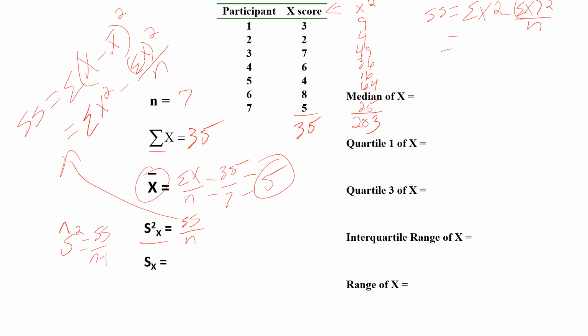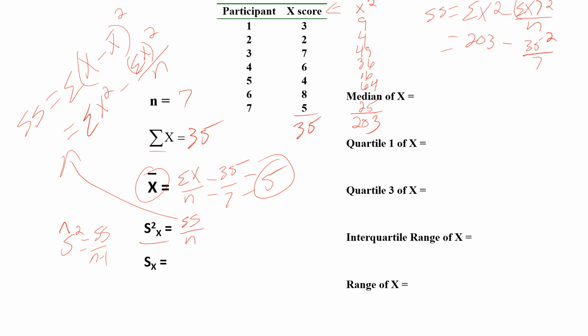So what we've got here is 203 minus 35 squared divided by 7. 35 squared is 1225, and then that divided by 7 is 175.